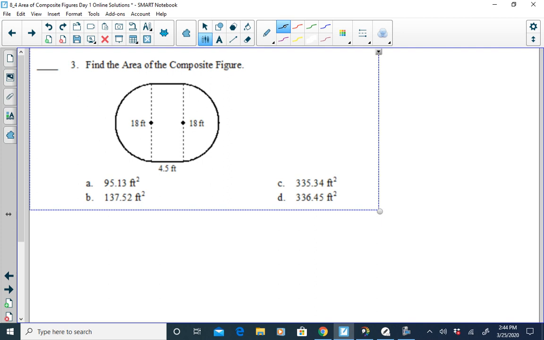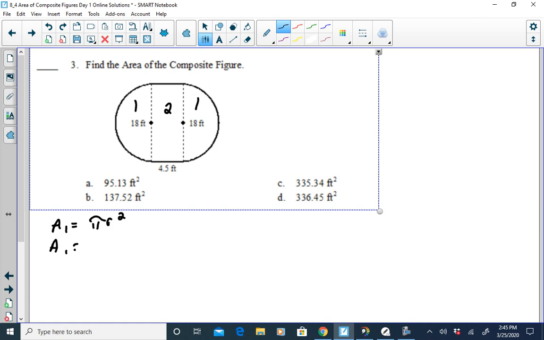Let's see, we want to find the area of the composite figure. Looks like we put the two semicircles together to form a circle. Some call that area 1. And the rectangle we're going to call area 2. So let's start with area 1. Area 1 is two semicircles, so that's going to be pi times r squared, because when we put two semicircles together, that's going to create a circle.